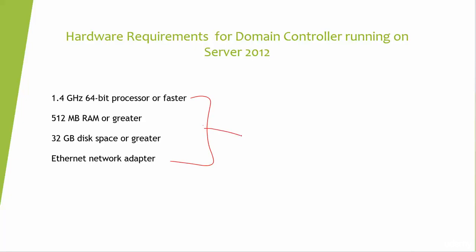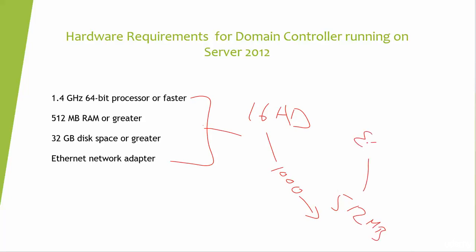Most organizations use something like 16 GB for their Active Directory, because they're running thousands of users. For thousands of users, if you're using 512 MB of RAM with Exchange 2016, that is going to be a bad idea, because your Exchange is not going to perform well and your Active Directory is not going to perform well.